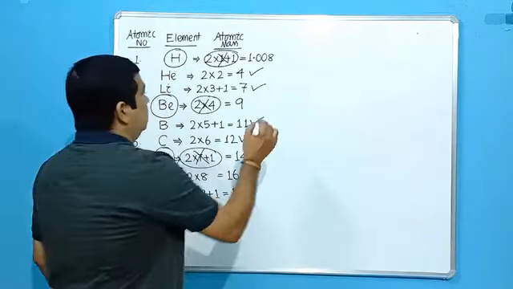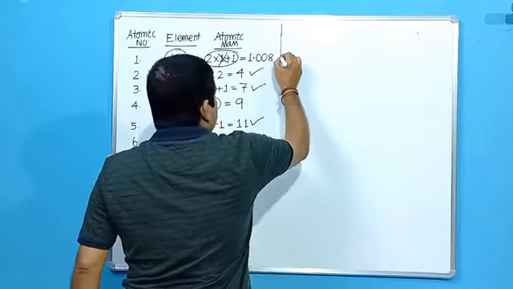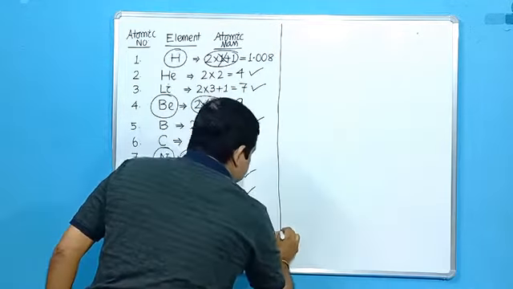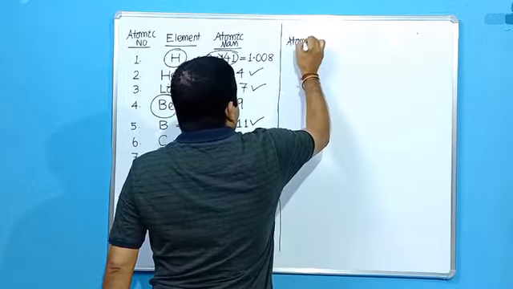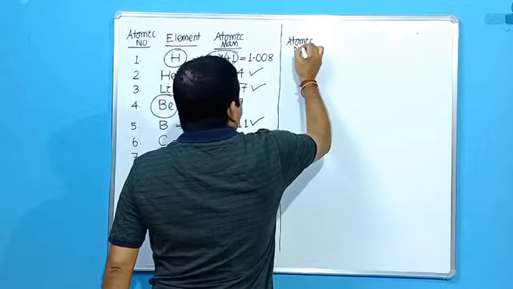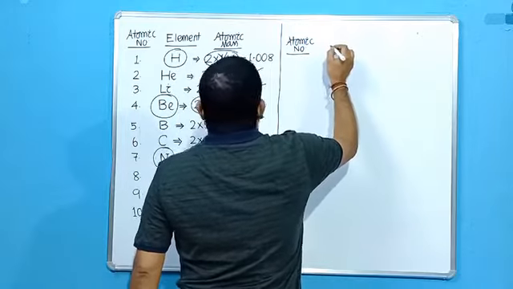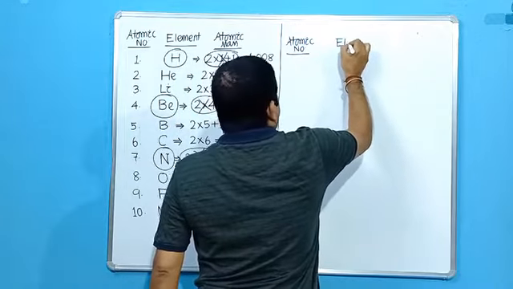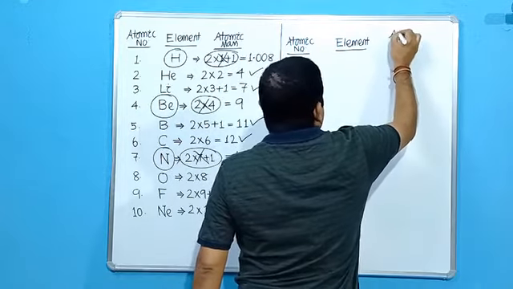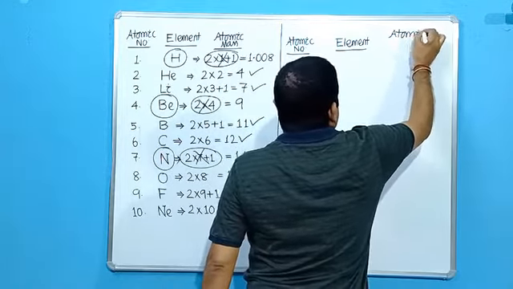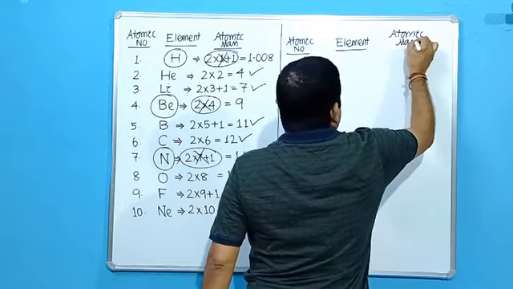Okay. Then again we will go for the remaining ones. Again atomic number, then element, then atomic mass.